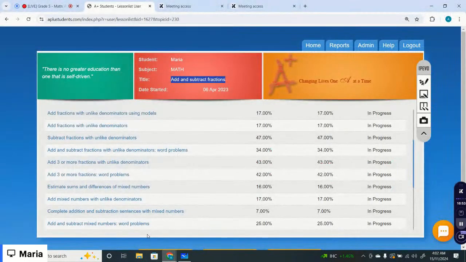Okay, here I'm on grade 5 math. The chapter we are on right now is add and subtract fractions.